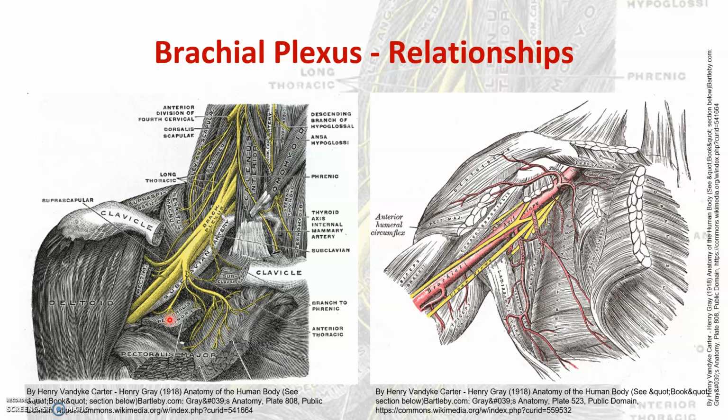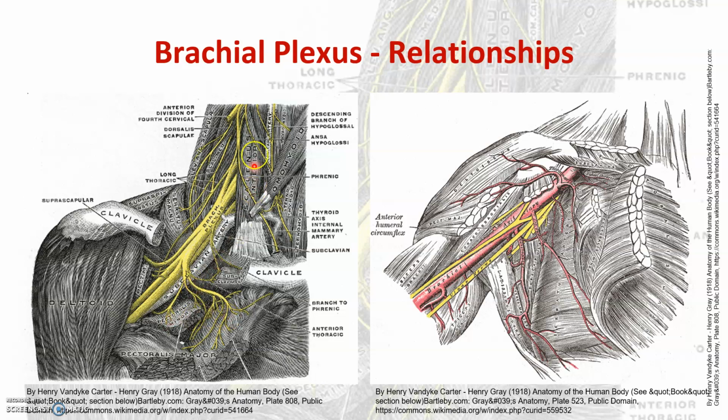Higher up, the plexus is superior and slightly posterior to the subclavian artery, and then lower down, the cords actually encircle the axillary artery and lie within the vascular fascia, which contains the axillary artery and its accompanying veins.